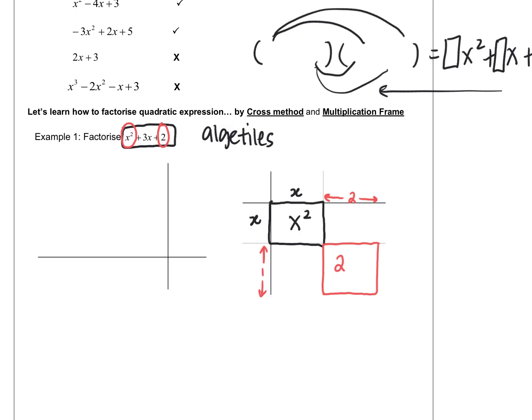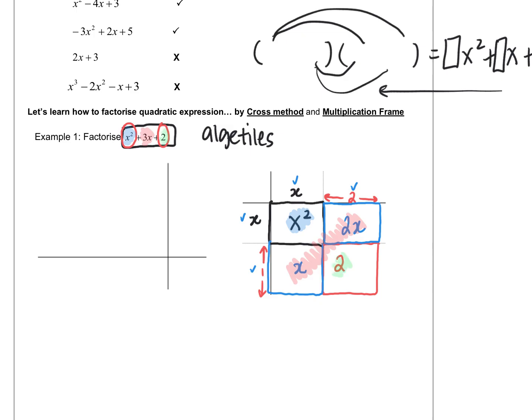Now I want to check this piece. What is the area of this piece? This is 2 times x, so 2x. What is the area of this piece? This is x times 1, so x. Can you see that this is x squared plus 3x plus 2?